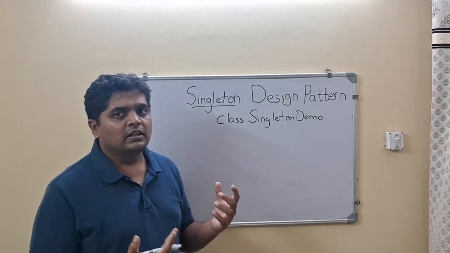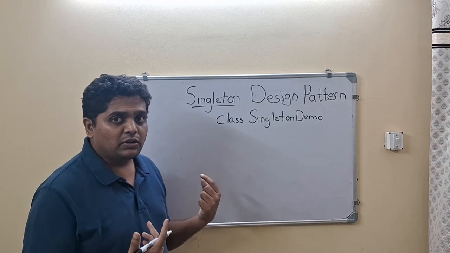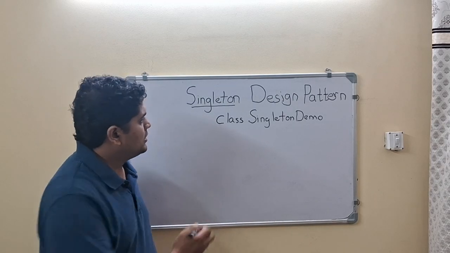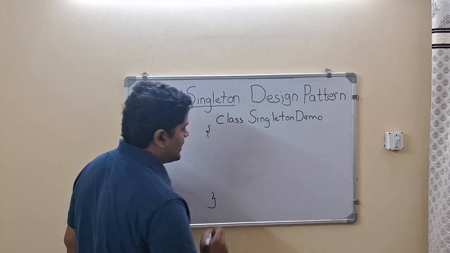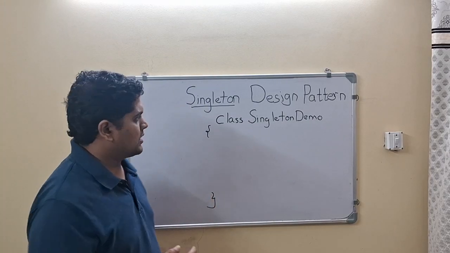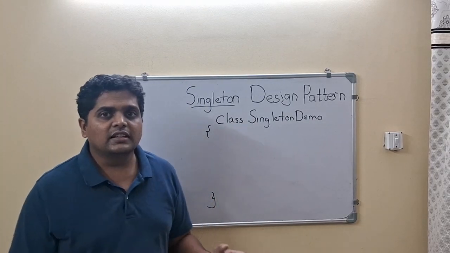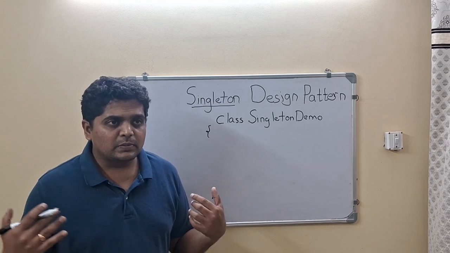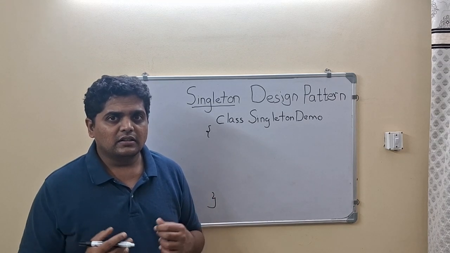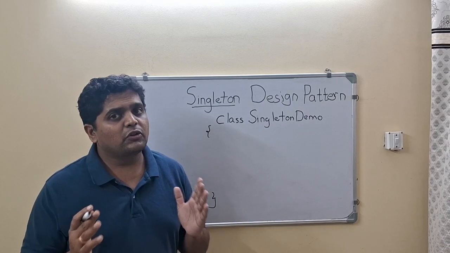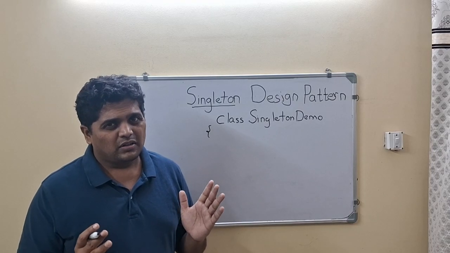So for that paradigm, first and foremost, it should have a private constructor, because if the constructor is public, it can be accessible from anywhere, so firstly you have to restrict the access.